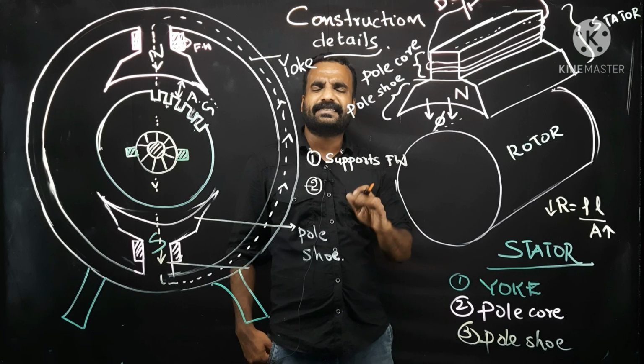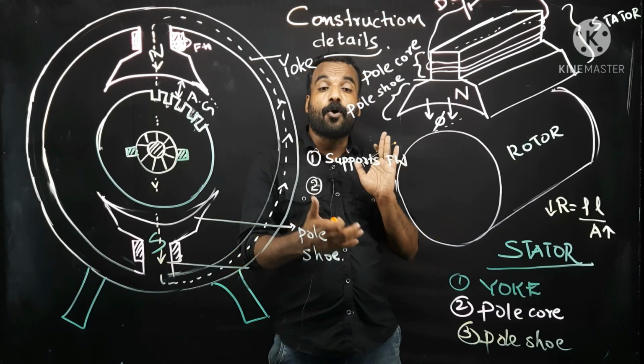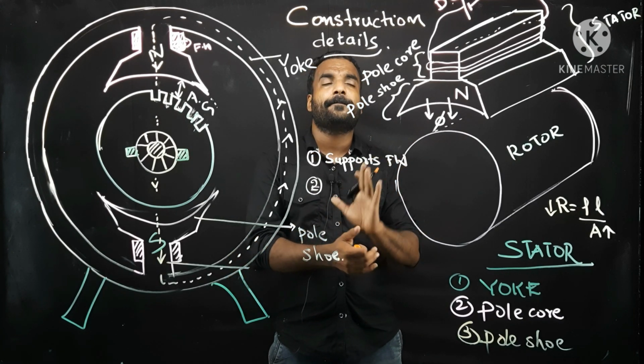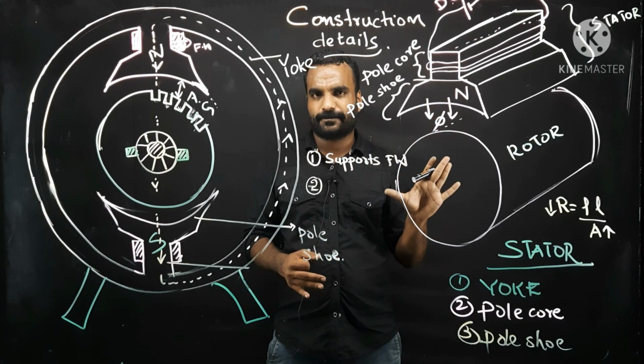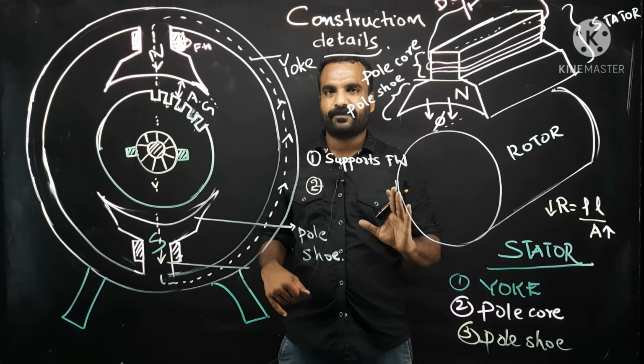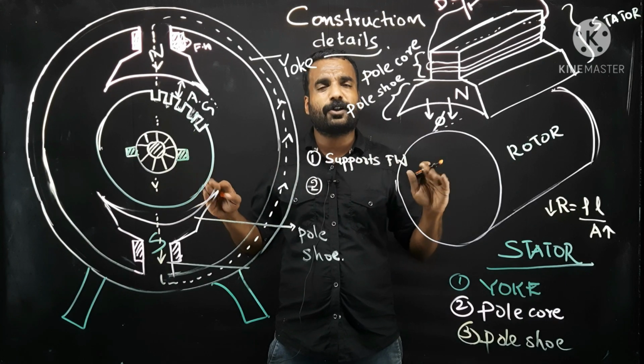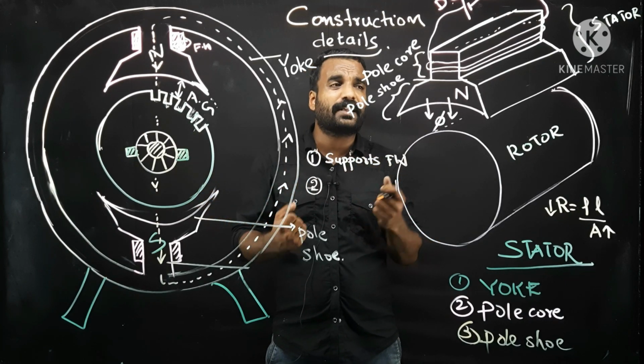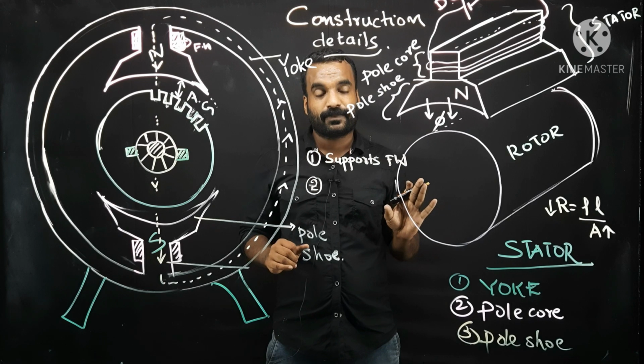Reluctance is the opposition of a magnetic material against the flow of flux. The material will oppose the flux, so we don't want reluctance. We want to reduce the reluctance so that the flux can easily pass.